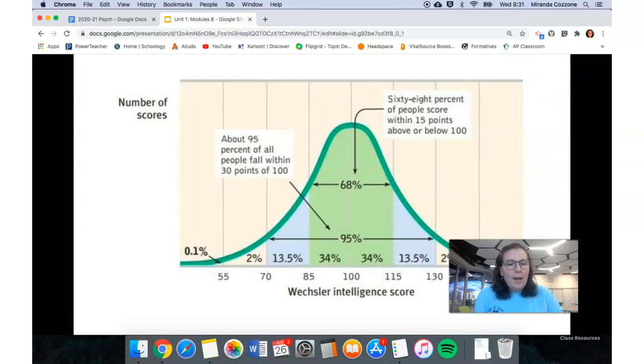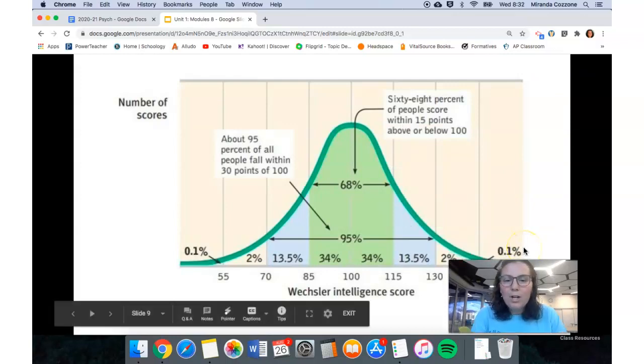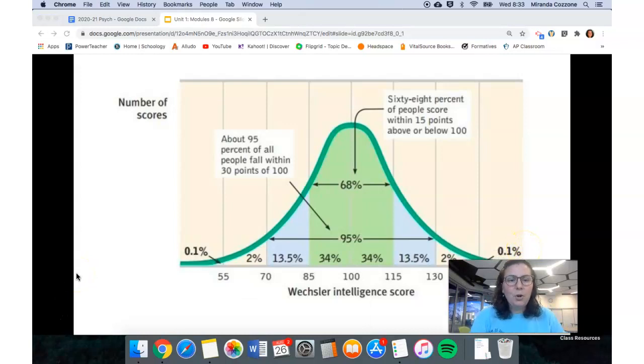So let's check it out. This is a bell curve, a normal distribution of the Wechsler intelligence score, and as we can see here, the average score is 100, okay? And this particular distribution has a standard deviation of 15, okay?